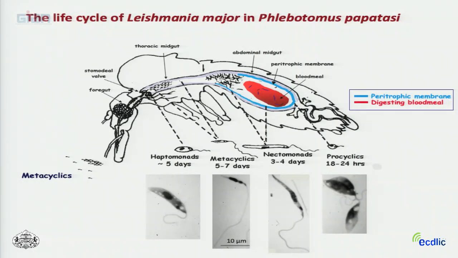So they're highly motile, highly active. And most importantly, these are the infectious forms. These are the forms that are deposited in the skin when the fly takes another blood meal.